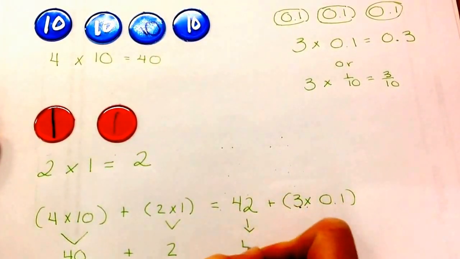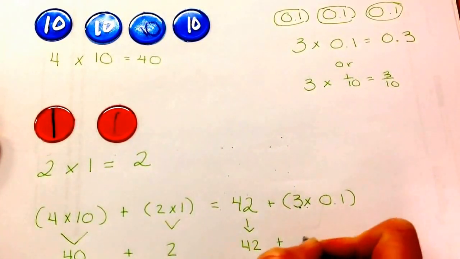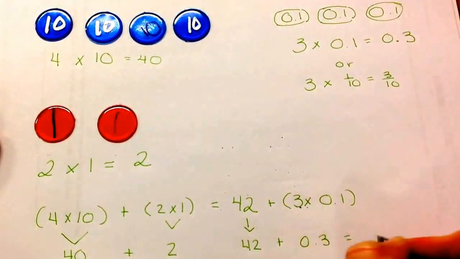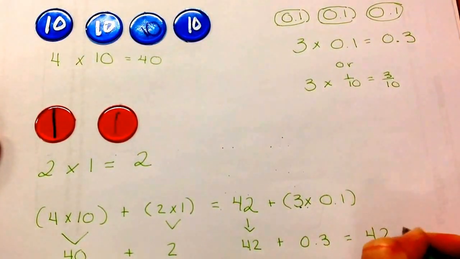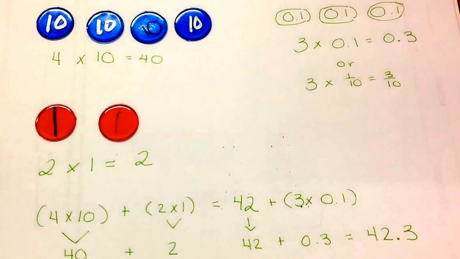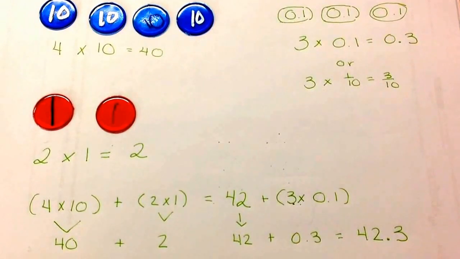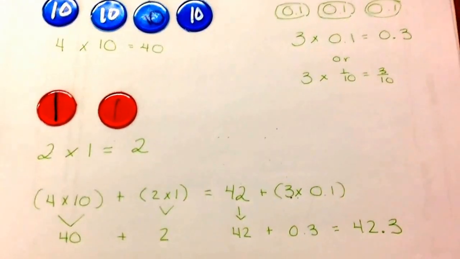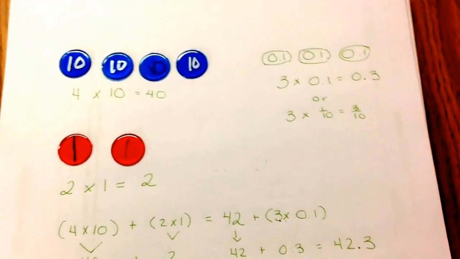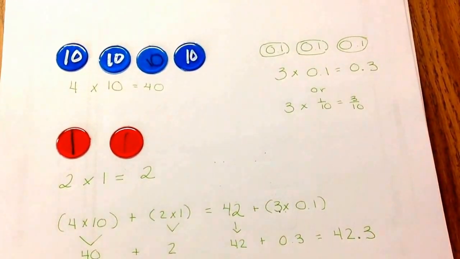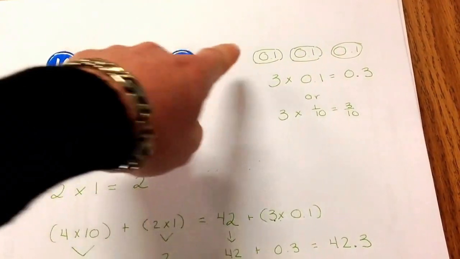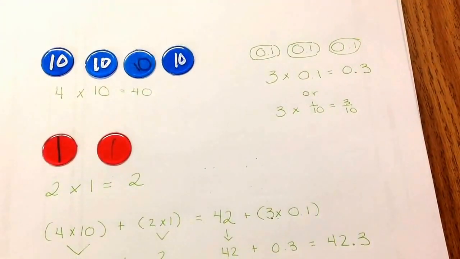So I have 42 plus 3/10, which equals 42 and 3/10. That's how it would look. That's a whole lot of work. But it shows you how I can break down whole numbers and decimals.